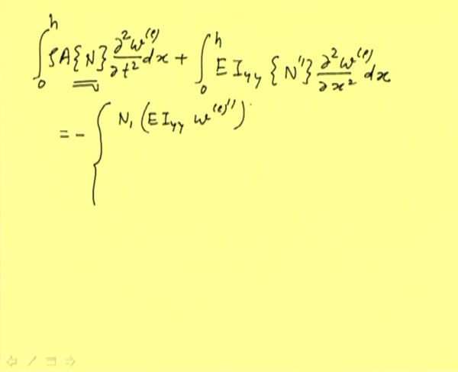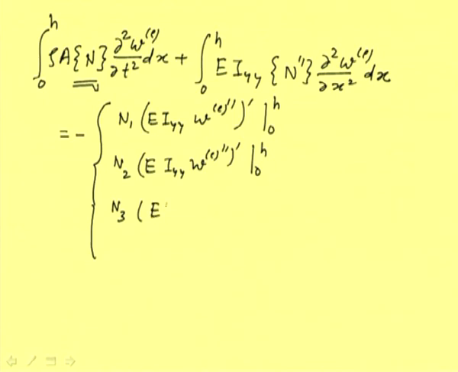Double prime inside and outside another prime, 0 to h, N2 EIyy w double prime, single prime outside the bracket, 0 to h. So these are basically shear forces.